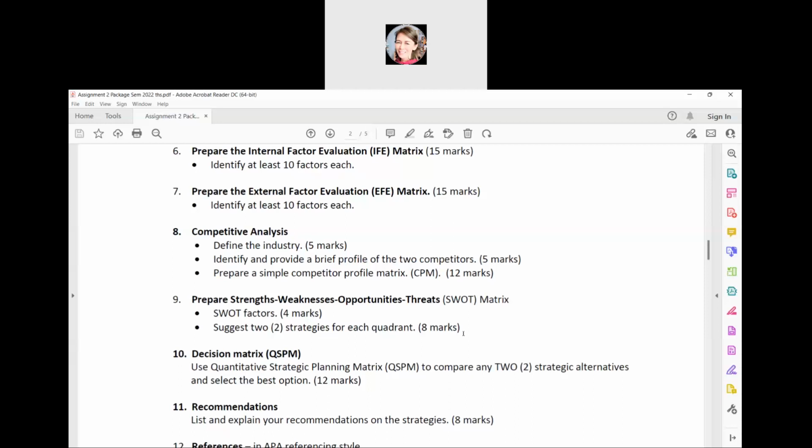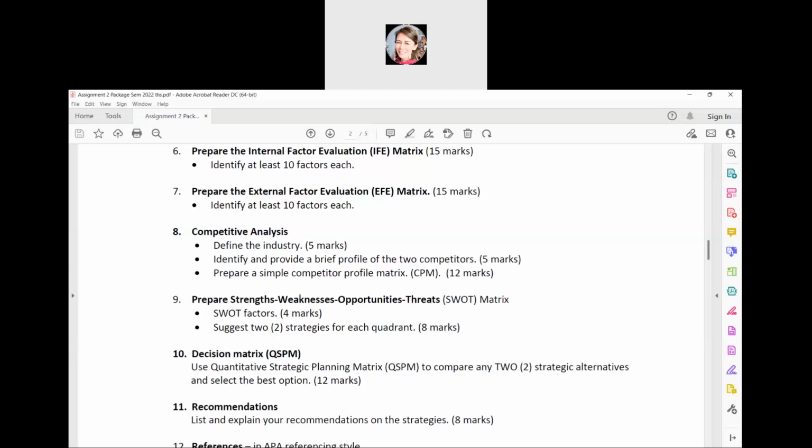And the next one that you need to do here, which is the 8 marks, is suggesting two strategies for each quadrant. This is again calling you to analyze and decide, based on these SWOT factors that you have carried on from stage 1.